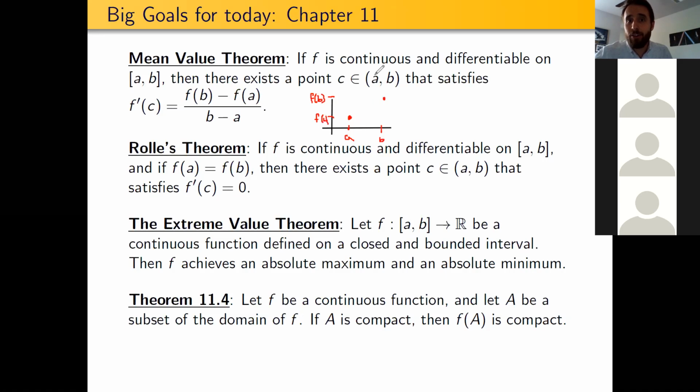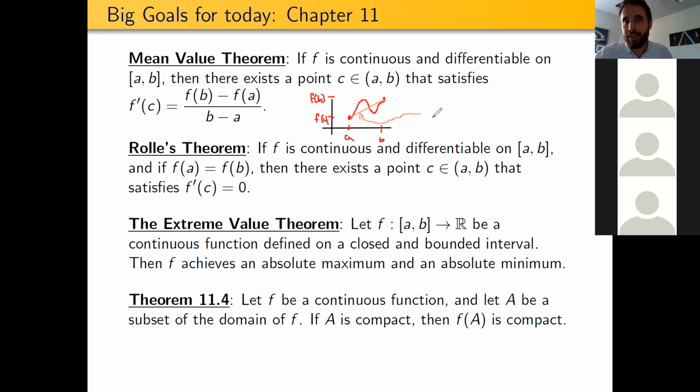No matter what our function looks like, maybe it looks like this, who knows, we could draw a straight line from one point to the next. And that line would have a slope of f of b minus f of a over b minus a.